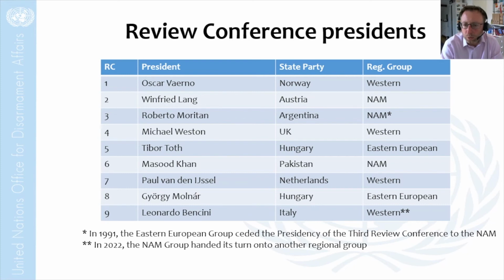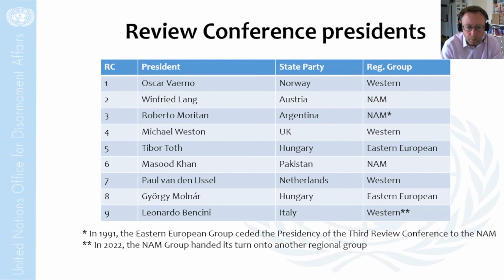You can see here also an overview of past review conference presidents, the countries from which they come and the regional groups which they represent. You can see there's a couple of times where the usual rotation between the regional groups has been adjusted. You can see one time back in 1991 that happened.